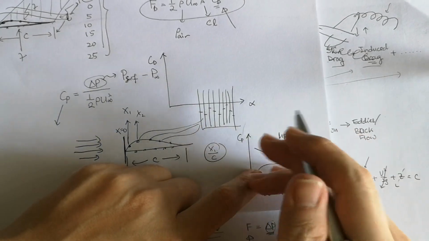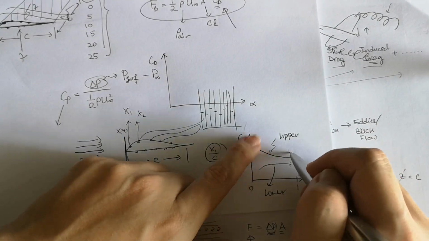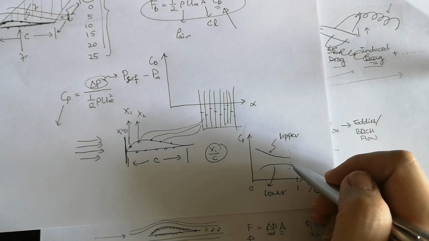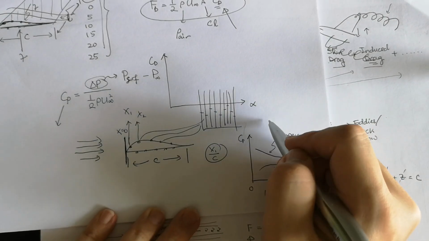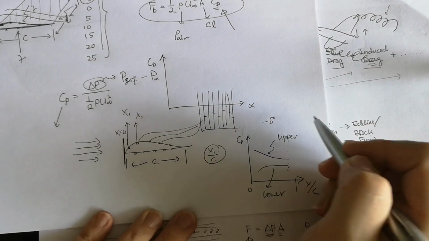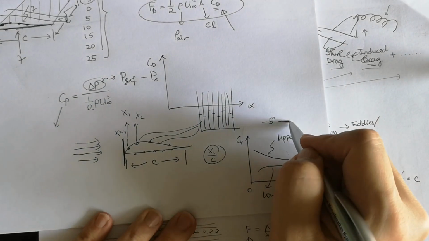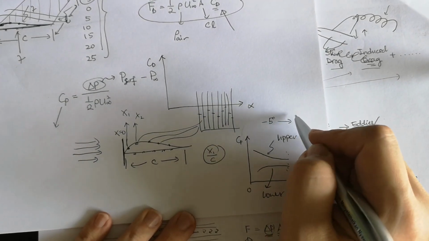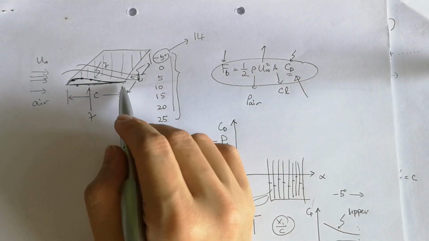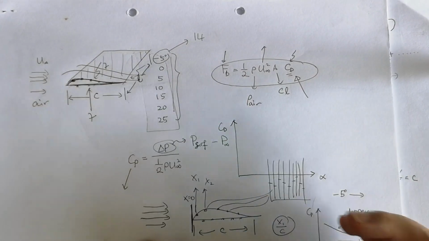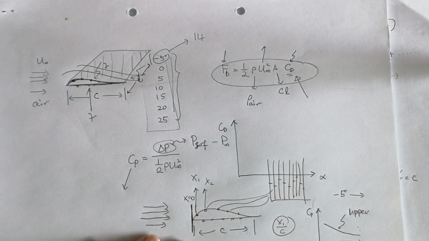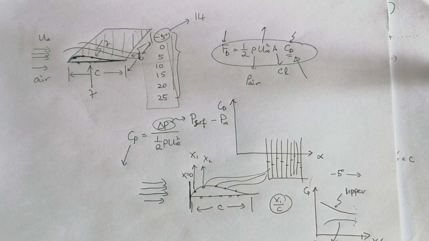This means that when you tilt to a higher angle, you'll see that the two lines actually start swapping. So this one is based on -5 degrees, for example, and you are required to plot 7 graphs, based on these 7 angles, and comment on the results. So this is exactly the explanation for your second experiment.